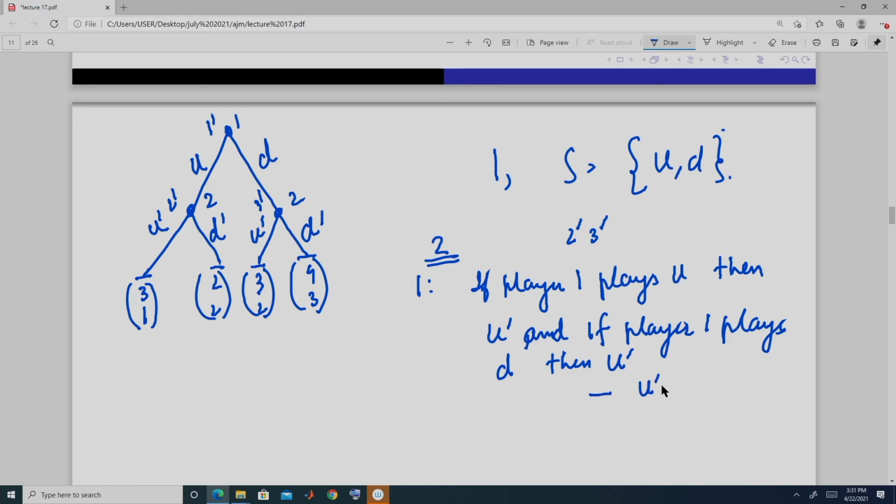So, this is U dash U dash. You can say it is one strategy of player 2, because it has two contingencies, or two information sets, in which it is going to take the decision. So, here it is taking U dash and here also it is taking U dash. So, this is, suppose, strategy 1.